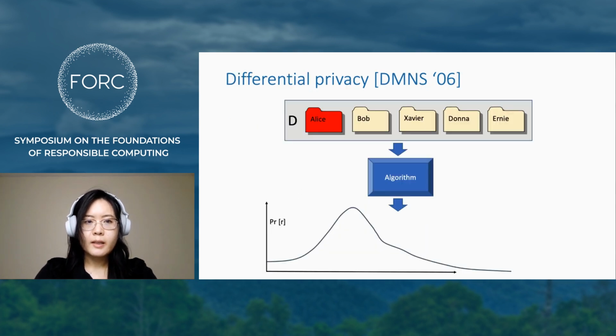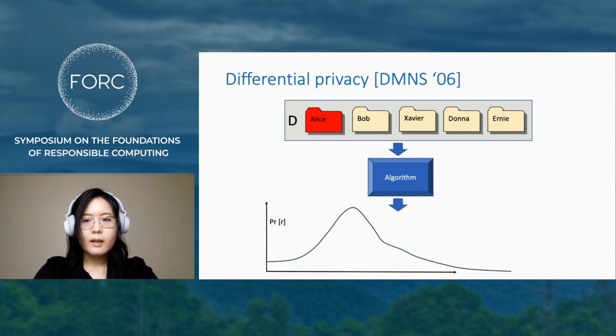On the privacy side, differential privacy has become the standard notion of privacy in the computer science community. So what is differential privacy? Differential privacy quantifies the information that we learn from a computation by a probabilistic distribution. Think about a database that contains 5 people and we run a private algorithm on it, and we get the output. The distribution over the output looks like this black curve.